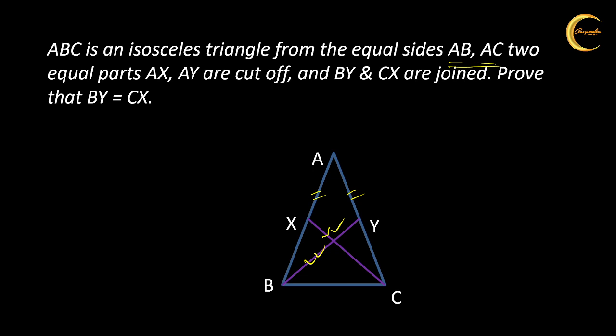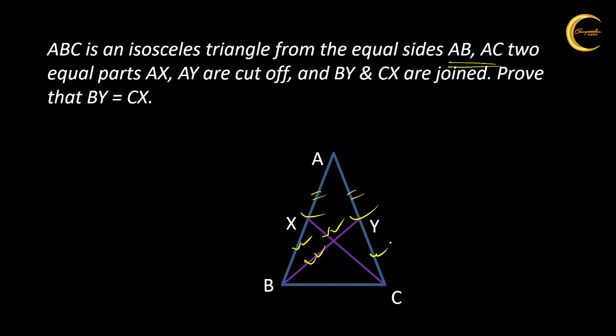So where is the tricky part? Because here the AX and AY we have cut at equal distance. Just you see here, I have cut by equal distance. So if we cut at an equal distance, then you can easily understand this BX equals CY.